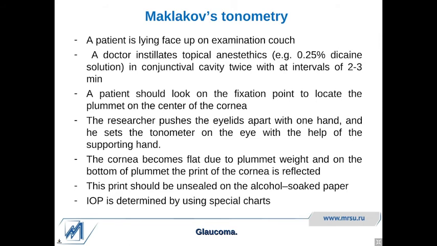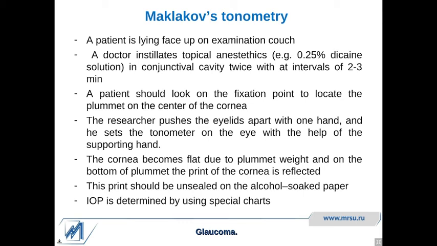About Maklakov's tonometry, the patient is lying face up on the examination couch. The doctor instills topical anesthetics because we need to use the contact plummet. The patient should look at the fixation point and locate the plummet on the center of the cornea.